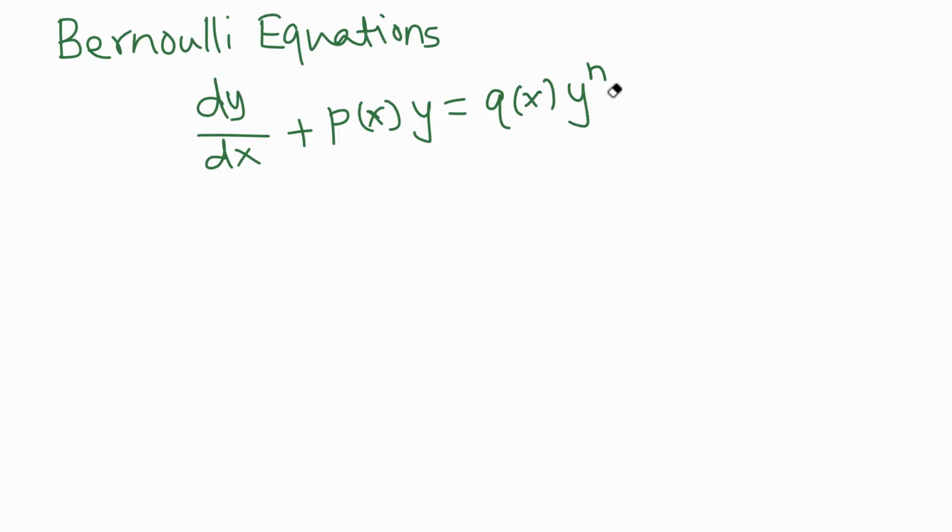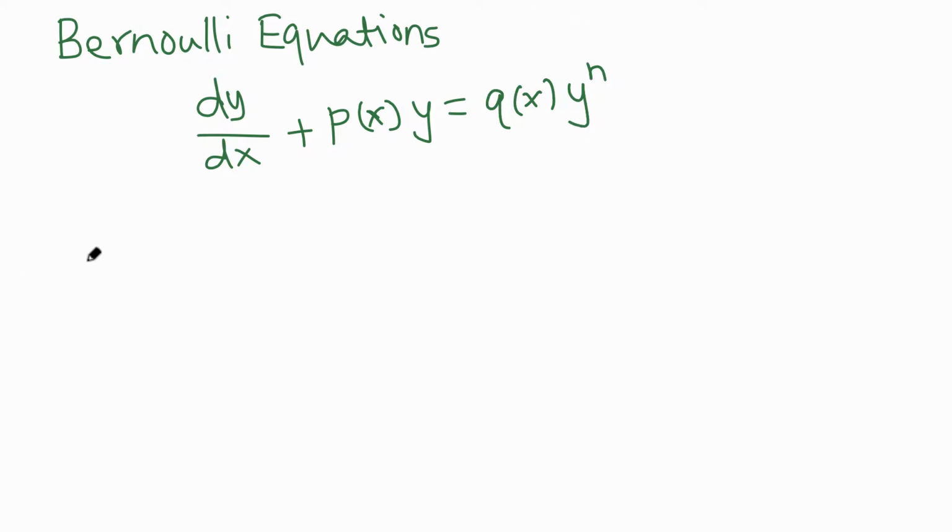This is not linear unless n is 0 or 1. It's non-linear in general, so we don't know how to solve it directly. But this is a special type of non-linear equation, and by a suitable substitution we will be able to solve it.